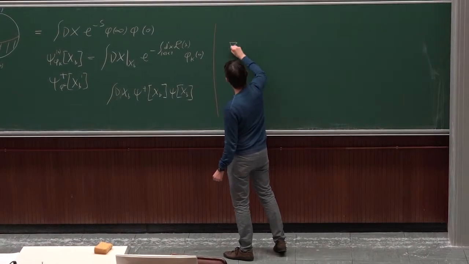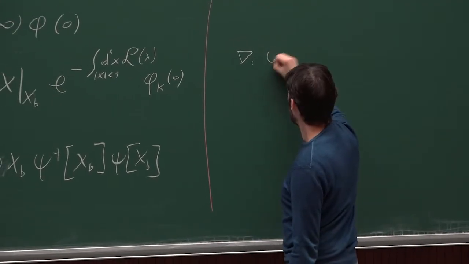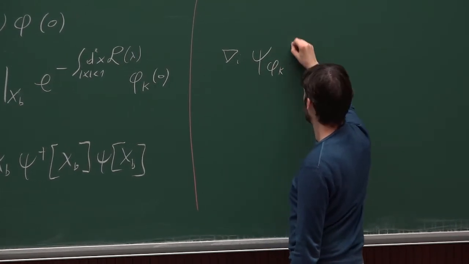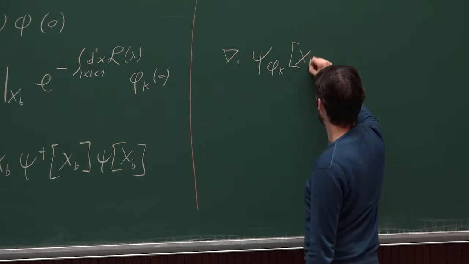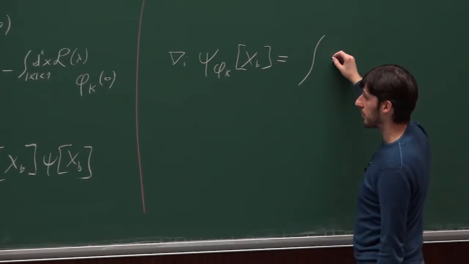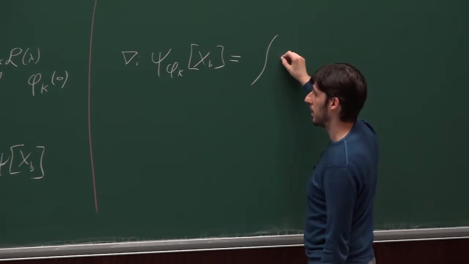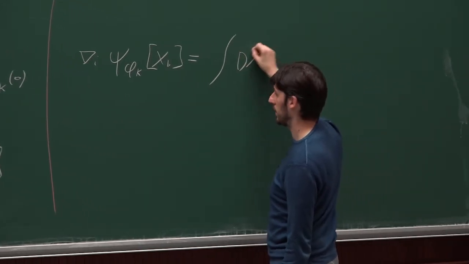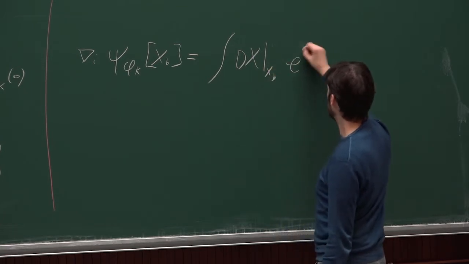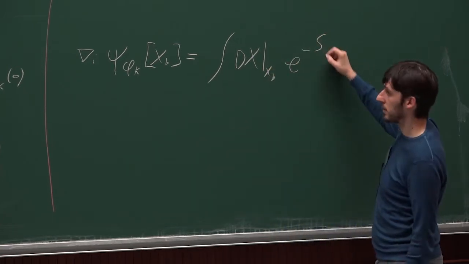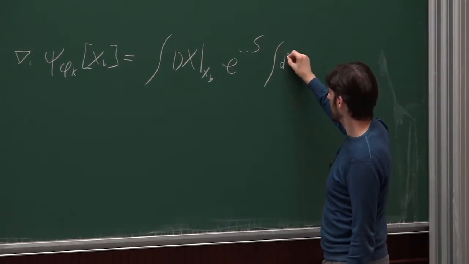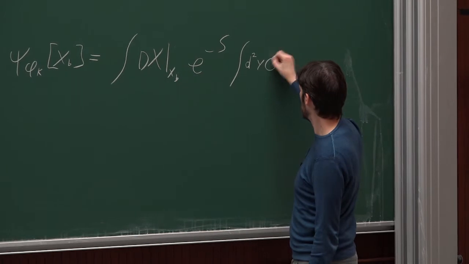So if I want to define this operation, delta I, psi phi k, it is just x, e to the minus S on the unit disk. Then I have the integrated operator that I use for my change.